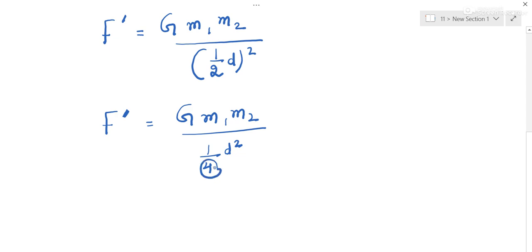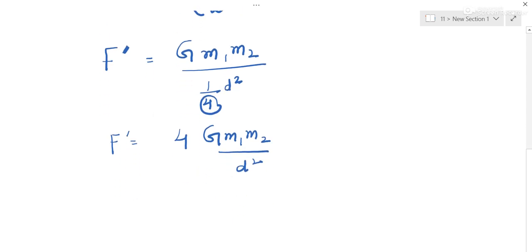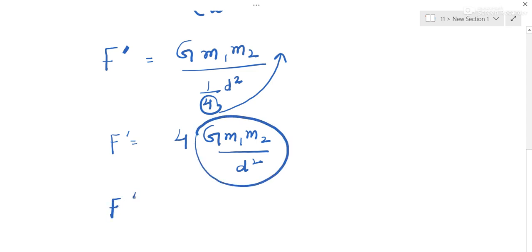So this 4 will go up. So F dash is equal to 4 times capital G M1 M2 by d square. So this 4 has gone up. This is the old force, that is the original force. So new force will be 4 times the original force.